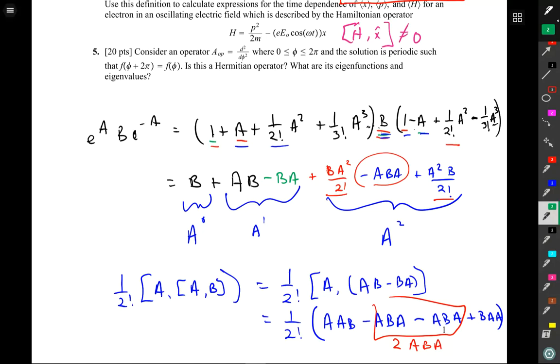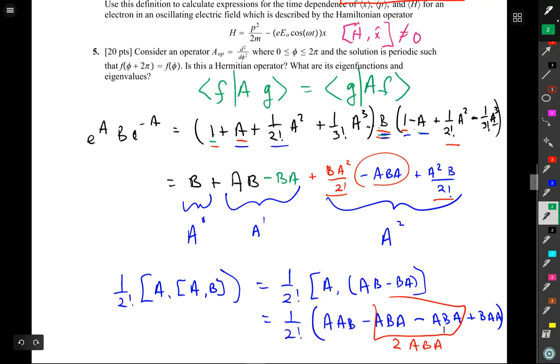And so how are we going to test this? It's basically that same thing, to see if its Hermitian conjugate is equal to itself. And the way I did it in my solution, which I'm sure is not the only way, is I checked to see if this was true.